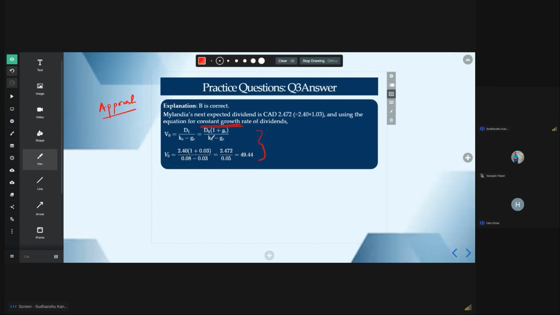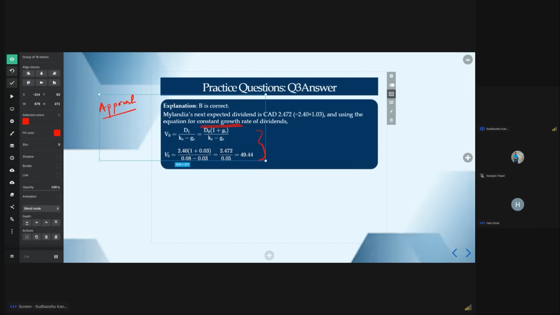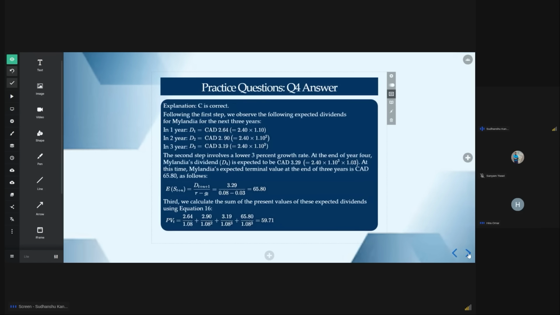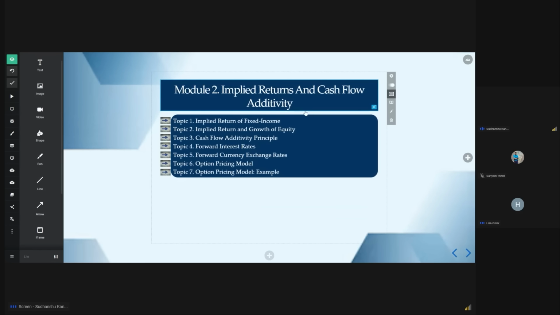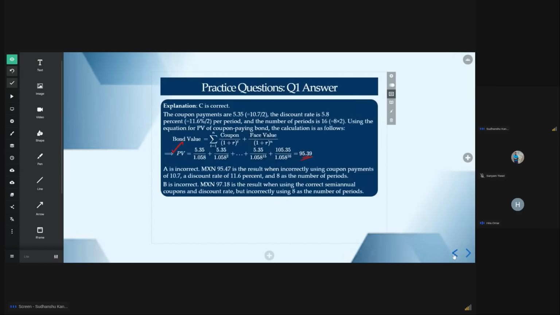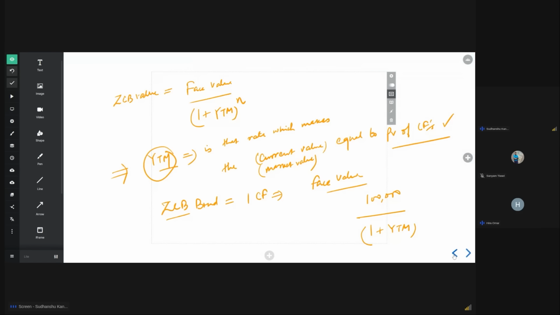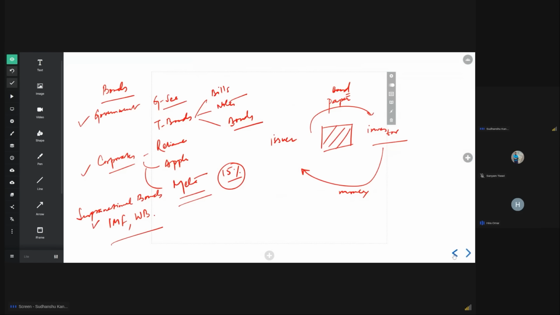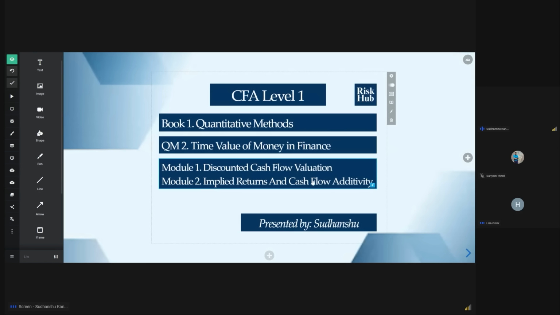Time value of money in finance is module 2, right? No, no, no. Module two is this one: implied returns and cash flow additivity. Module one was the dividend discount model, discounted cash flow valuation, inside this module one.